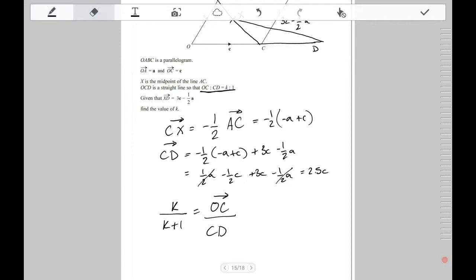Well, what we're saying actually is OD, because K plus 1 is the total and OD is the total length from O to C to D. And we know that OC is C and OD is C plus OD, which is 2.5C.